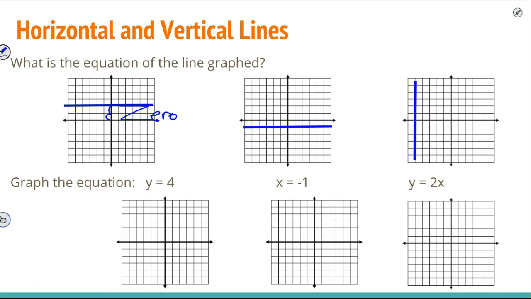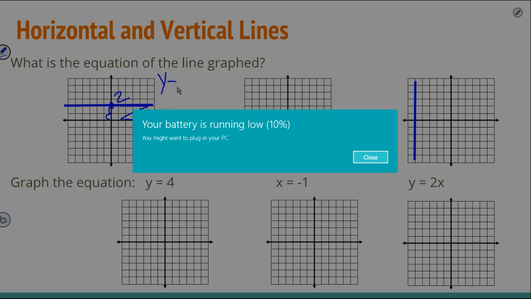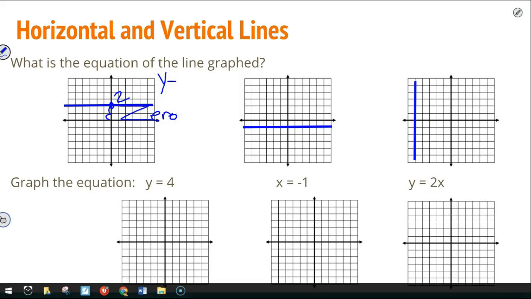It has a y-intercept of 2. This is a normal equation with a normal slope, a normal y-intercept. It can be written in slope-intercept form. Y equals 0x plus 2, or just y equals 2.